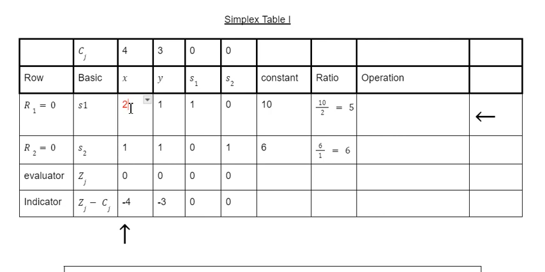We need to change the pivot element into 1 for the pivot element row. The elements under the pivot element, we have to make 0. So in this case, we have two operations, for this row and for this row.